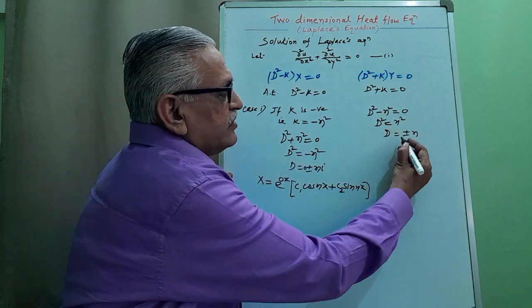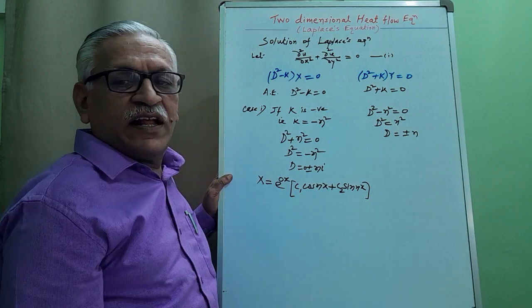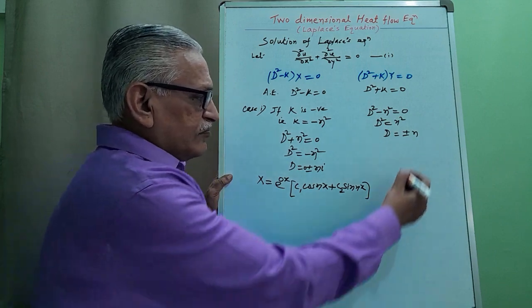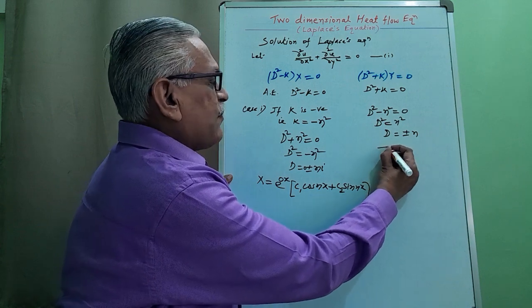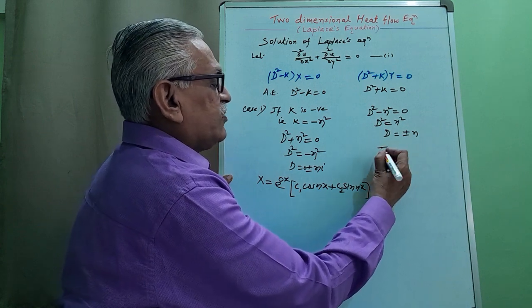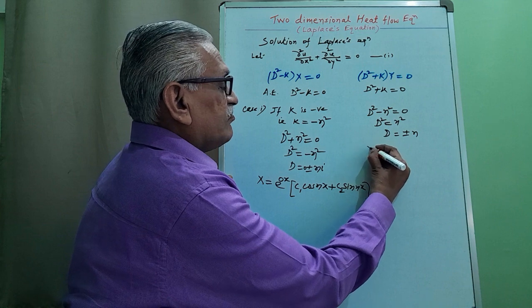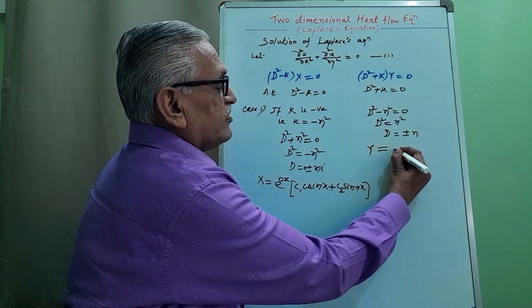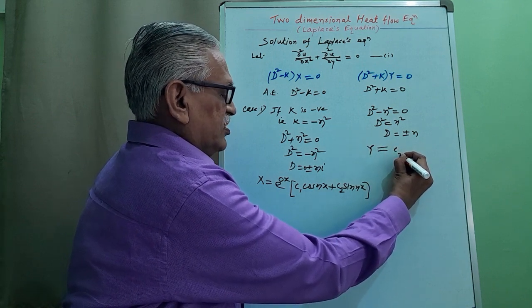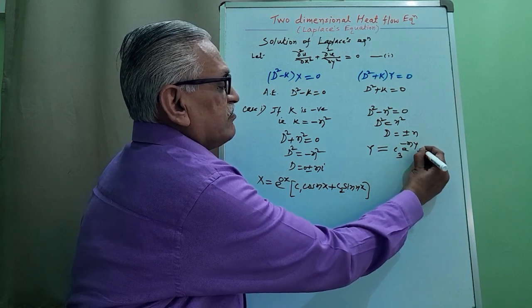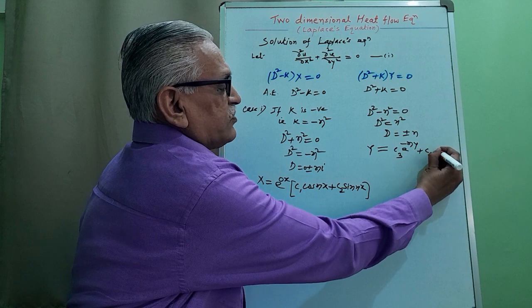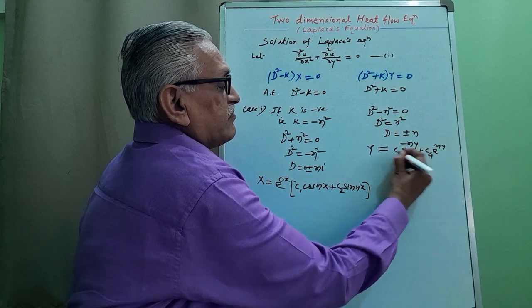Then from this we get roots are real and distinct, two different roots. In that case, capital Y is equal to C3 e raised to minus ny and C4 e raised to ny.